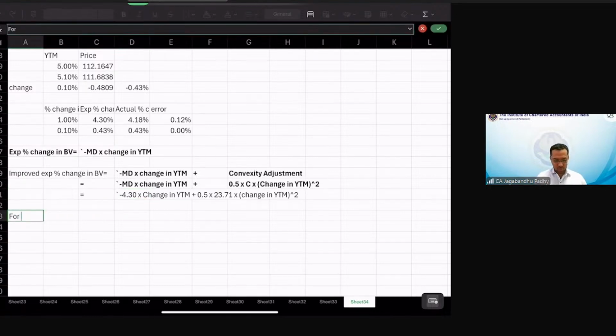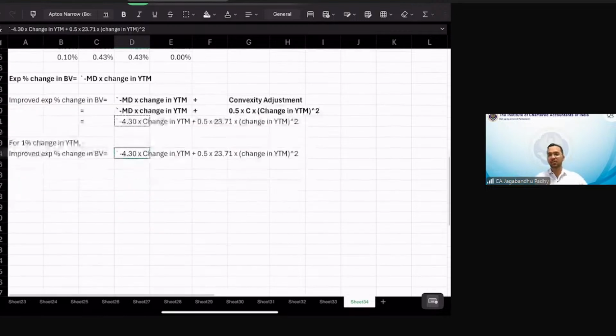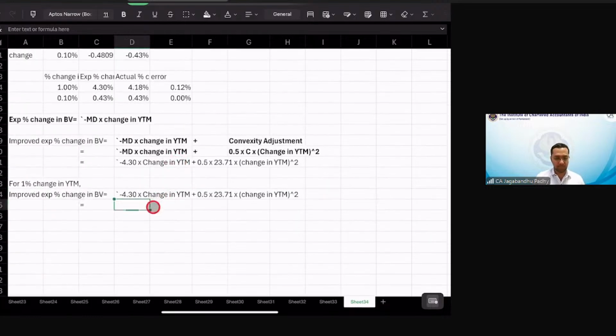So for 1% change in YTM, what will be the improved expected percentage change in bond value? We can simply take this same equation, but instead of now change in YTM, what should I take? For 1% change in YTM, over here, the number is going to be 1%, right?